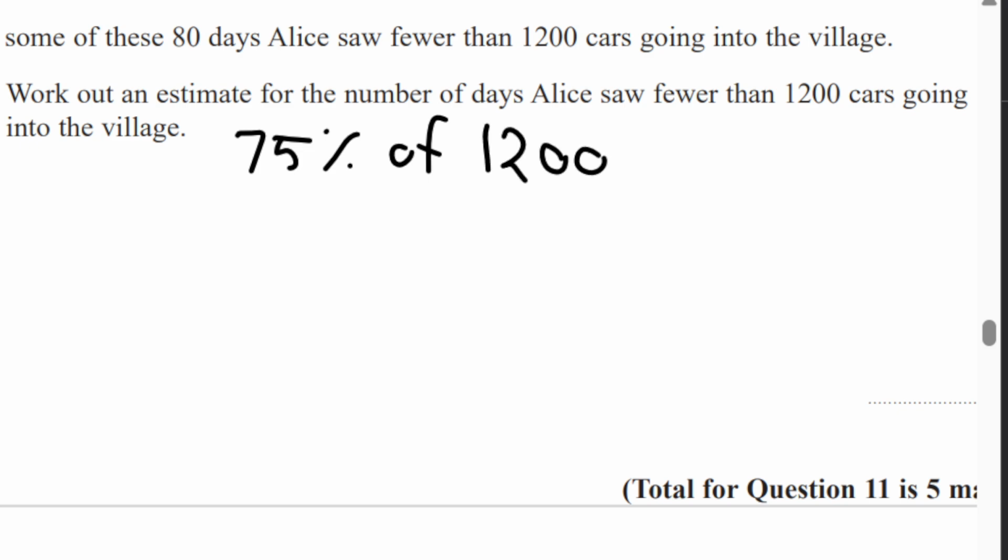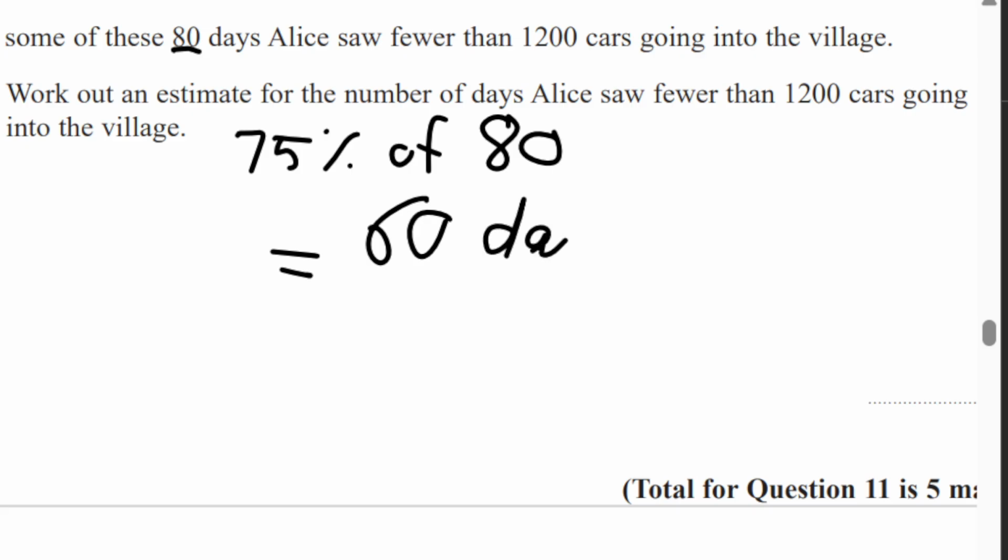Oh, they said the number of days. That's 80 days. So 75% of 80, because we want the number of days. 75% of 80 gives you 60 days. And that's your answer for this question.